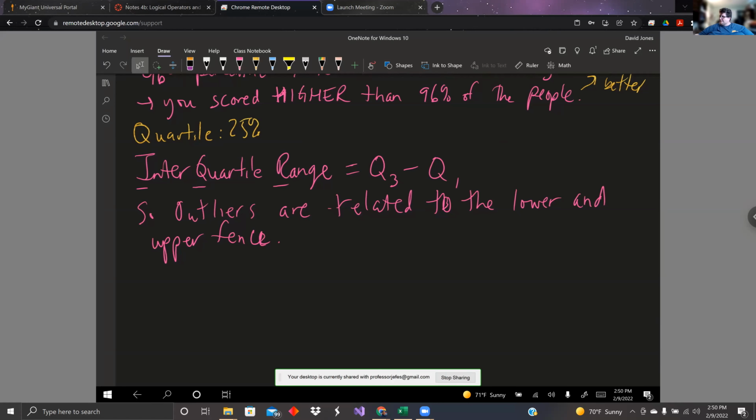For both of them, you need the IQR, and then multiply it by 1.5.